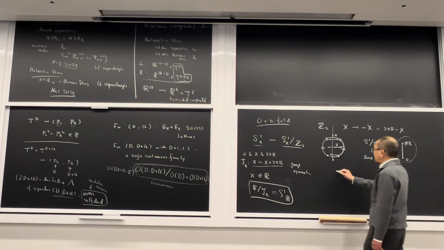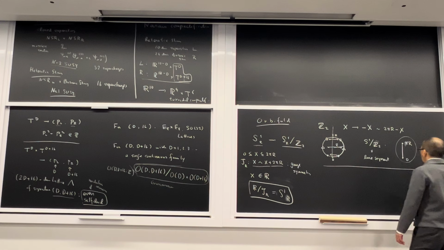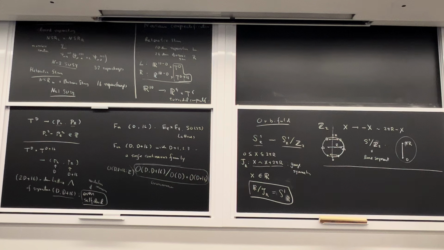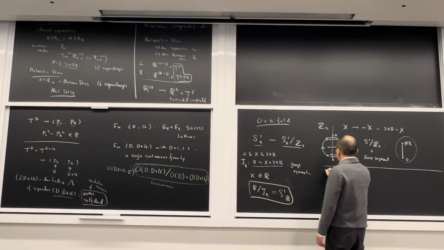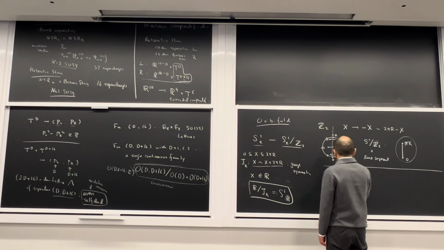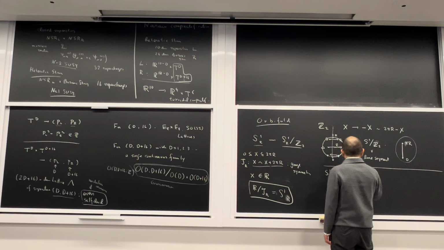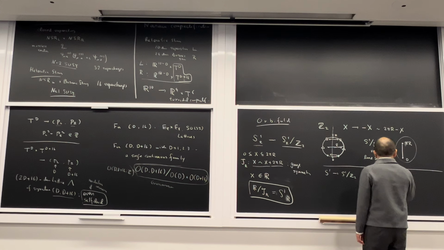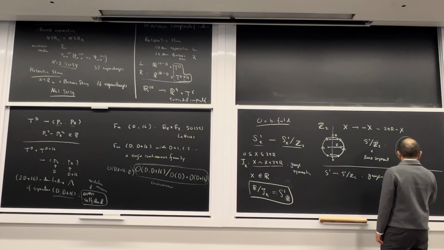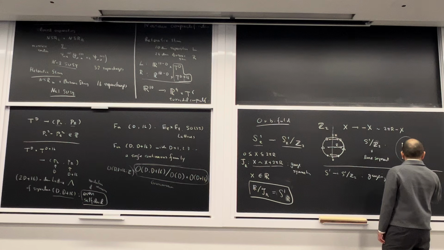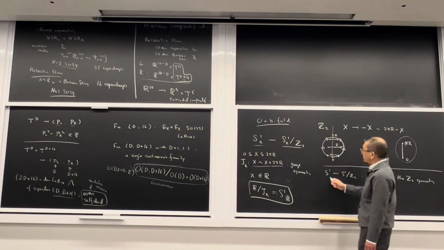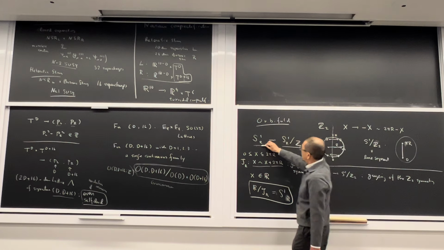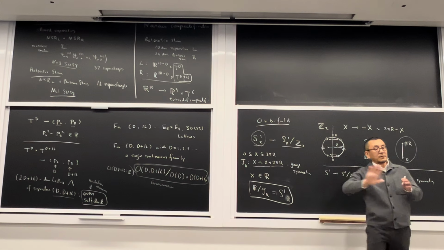And there's actually a very nice way to figure out how you can consistently carry out the quantization of string theory in this case, which is to think about going from S1 to S1 over Z2 as gauging of the Z2 symmetry. As I mentioned, this theory has a global symmetry.